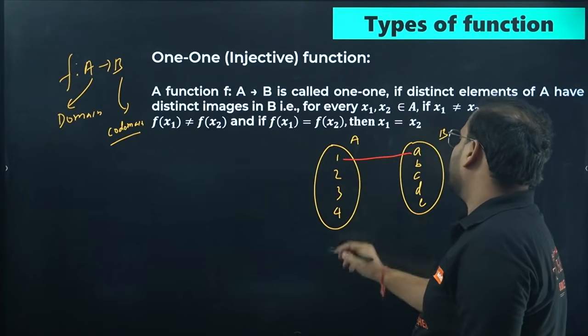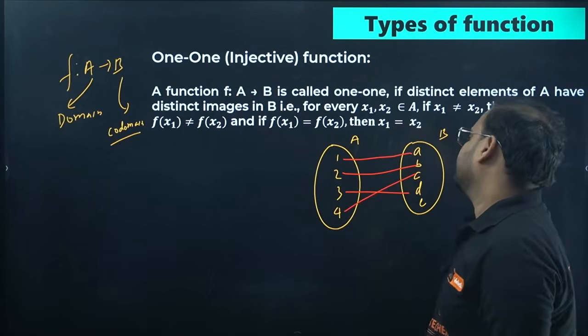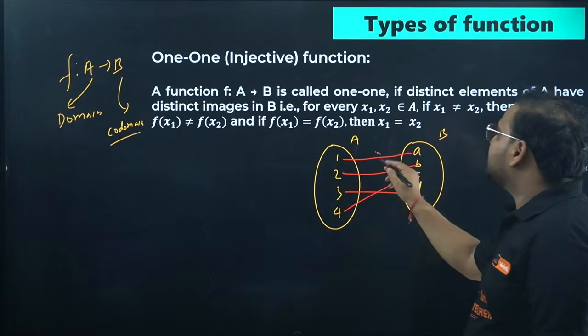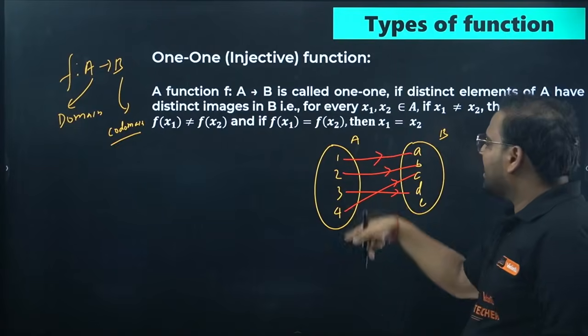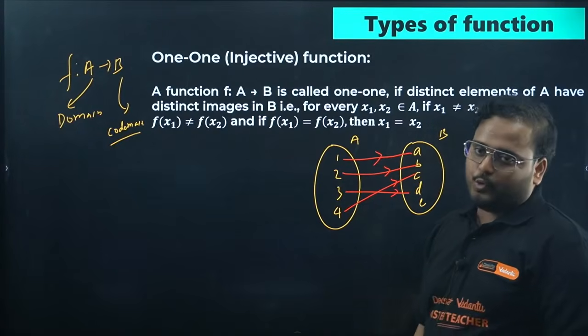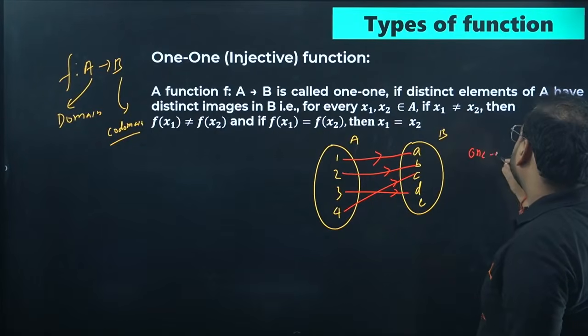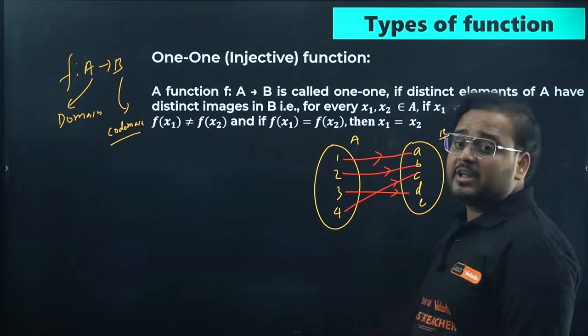So 1 should be with A, 2 is with B, 3 is with D, and 4 is with C. Okay, so I have distinct images of the elements in the domain with the elements in the codomain. Then this will be called 1-1.